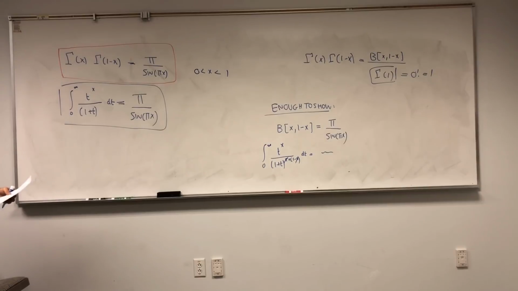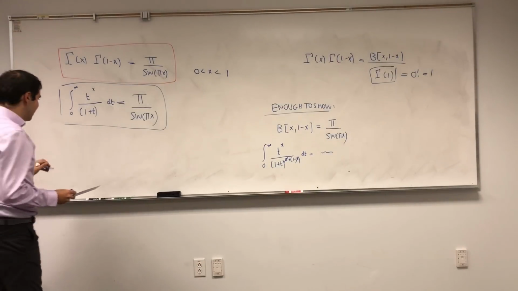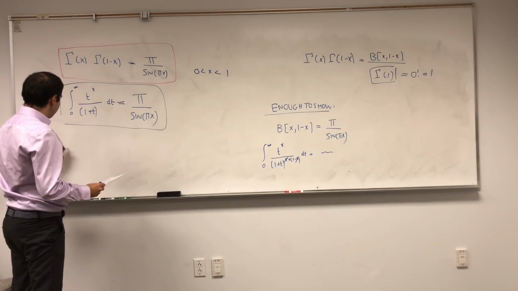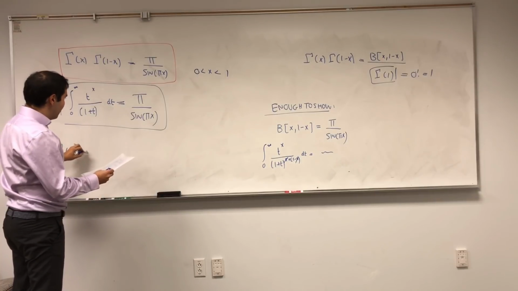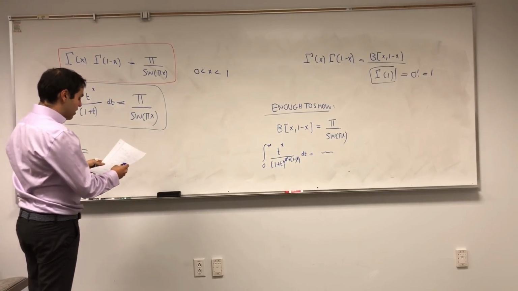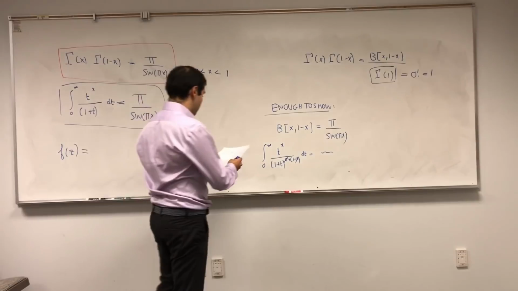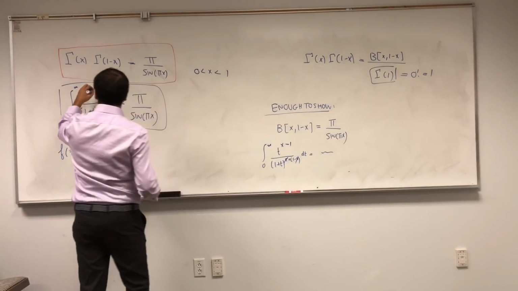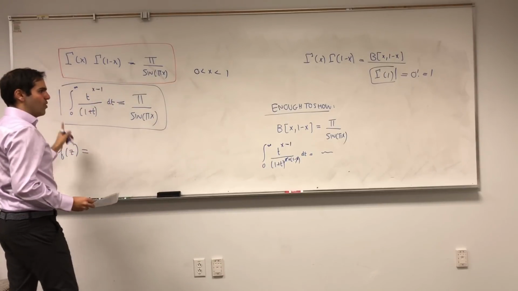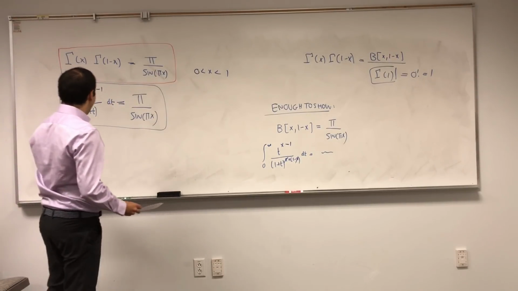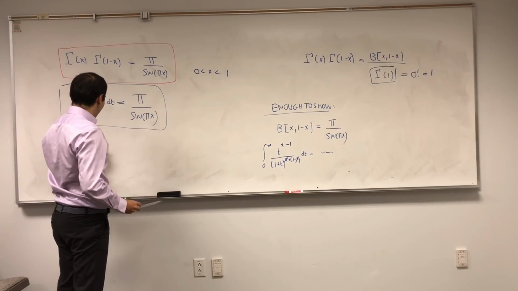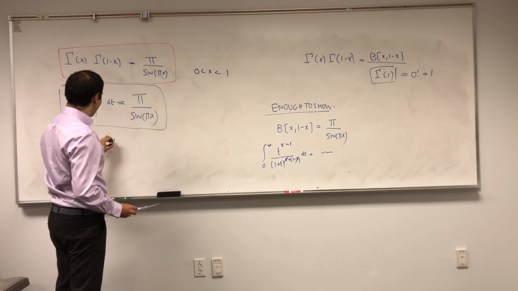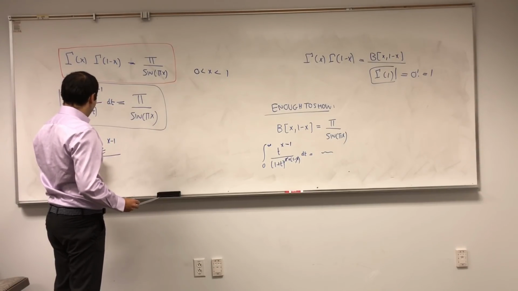And we'll do that using complex integration. So consider the function f of z, which is, I forgot the minus 1 here. I want to show that t to the x minus 1 over 1 plus t gives this. So now let's consider the function f, which is z to the x minus 1 over 1 plus z.